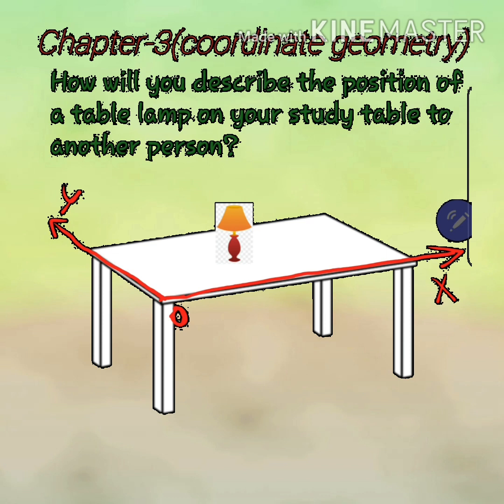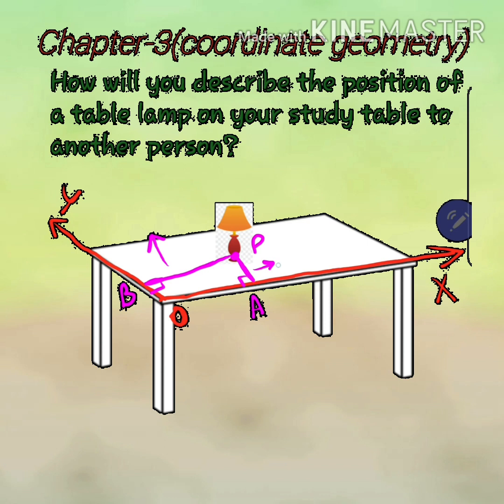Suppose this table lamp is at a position which we can mark as a small dot and give the name P. Then you have to draw perpendiculars: one perpendicular from P on the x-axis, or OX, as AP, and we mark A as the point of this perpendicular on the x-axis, and one more from P on the y-axis, or OY, and mark it as B. So they both are perpendiculars.